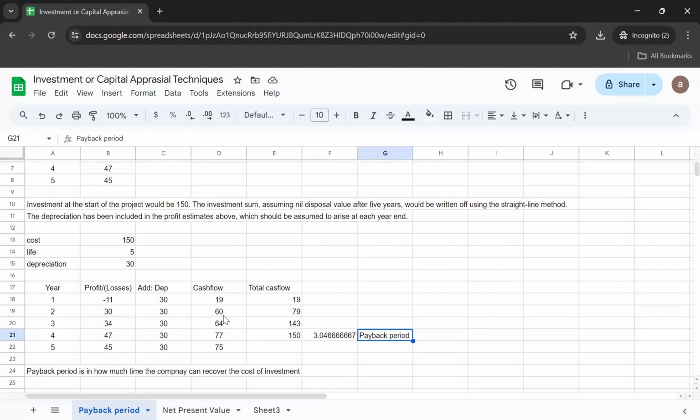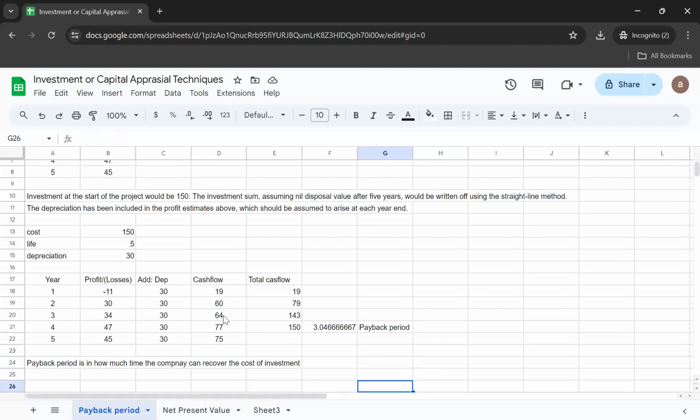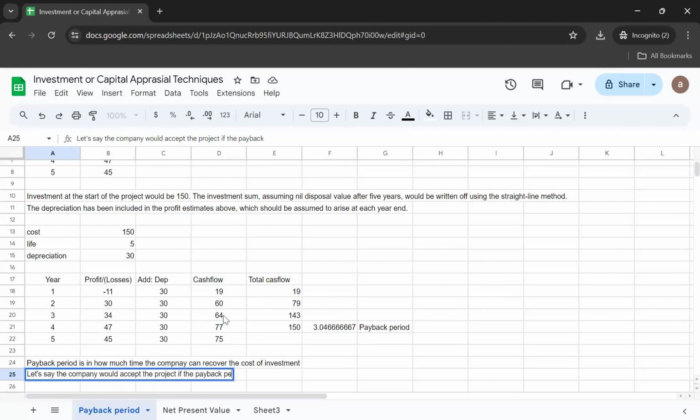So let's say we assume that the company would like to have a payback period of 2 years, right? Let's say we extend this question a little more. Let's say the company would accept the project if the payback period was 2 years, right?